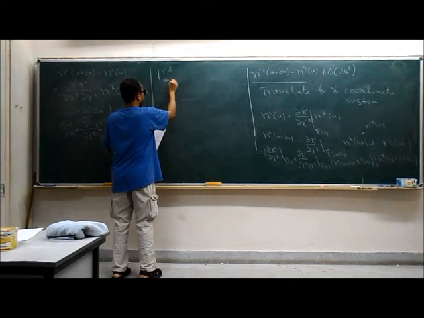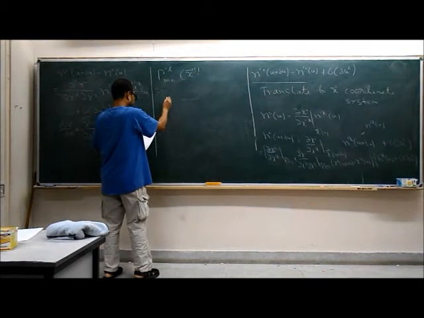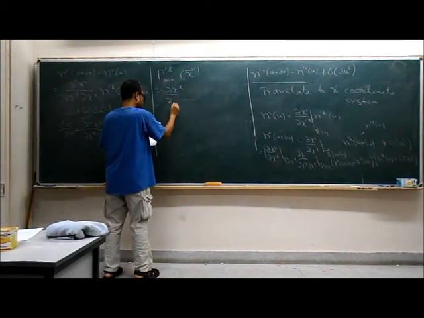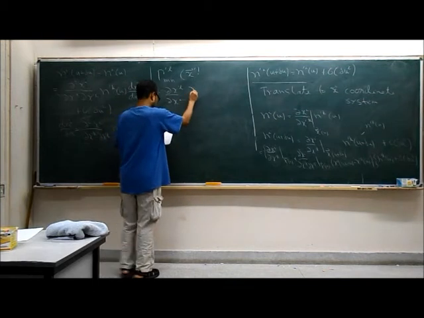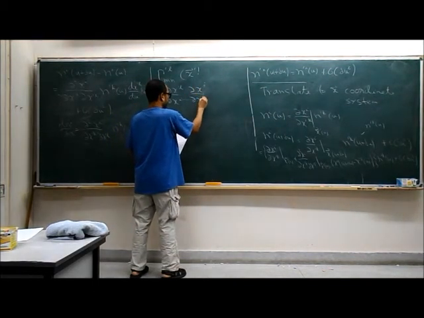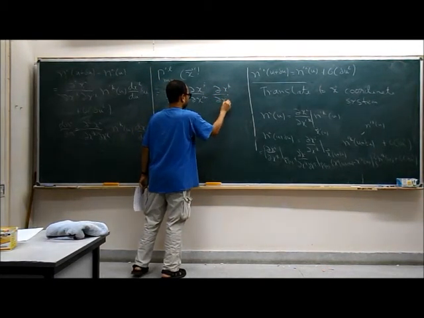So gamma prime l mn of x prime was given by del x prime l over del x i, del x j over del x prime m, del x k over del x prime n.